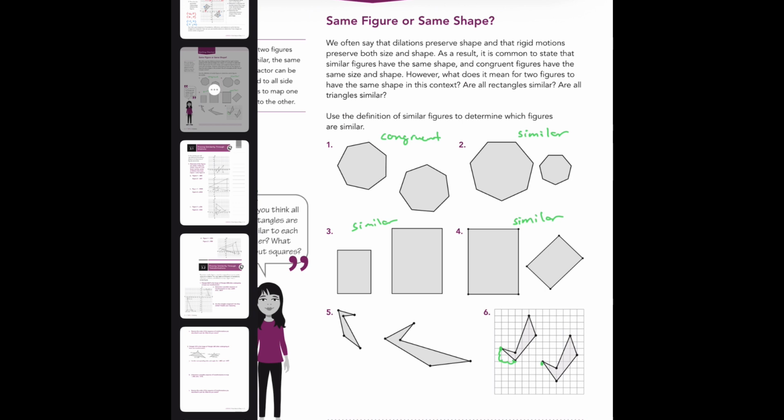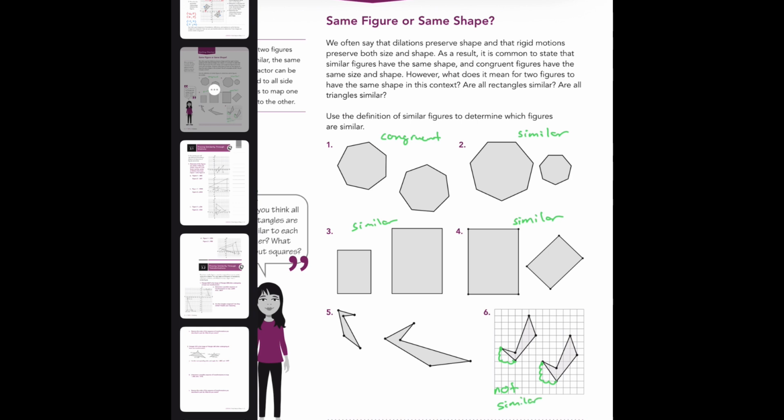But if we compare here to here, 1, 2, 3, right 2. So the change in size, the dilation hasn't been equal among all the side lengths. That change doesn't represent a proportion among the other side lengths either. So that one, number 6, would not be similar.